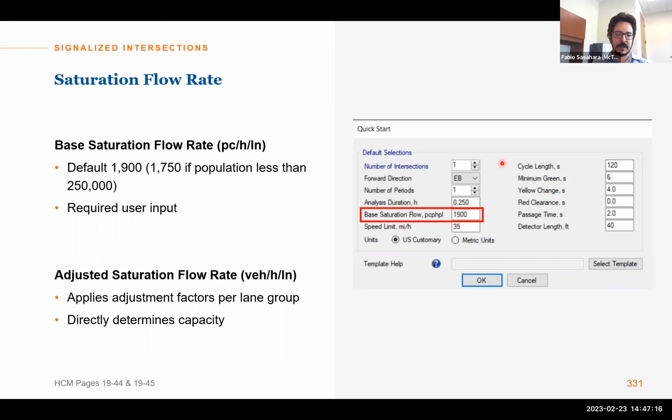HCM also suggests you can use 1750 for small locations with a population less than 250,000. But to be honest, I don't know a lot of people who do that. Most people just work with 1900 by default. And on top of the base saturation flow rate, we're going to add a lot of adjustment factors to compute the final saturation flow rate based on my local geometry, and we'll be discussing that in just a moment.